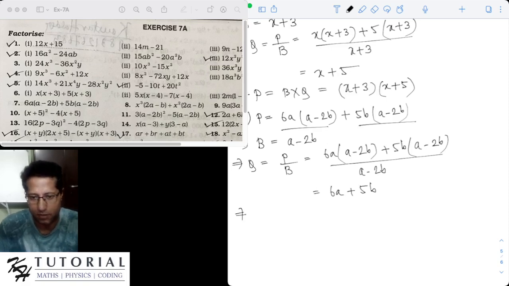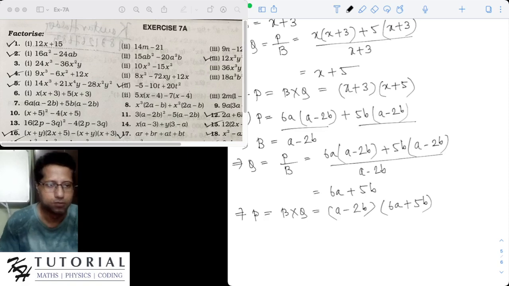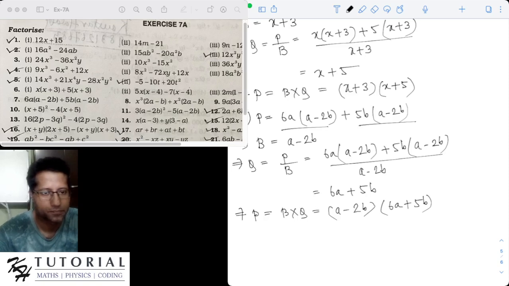So now the factorization of the polynomial p will be equal to b into q, which is equal to (a minus 2b) multiplied by (6a plus 5b). Problems 8 and 9 are very similar to problem 7, so I am not doing them.